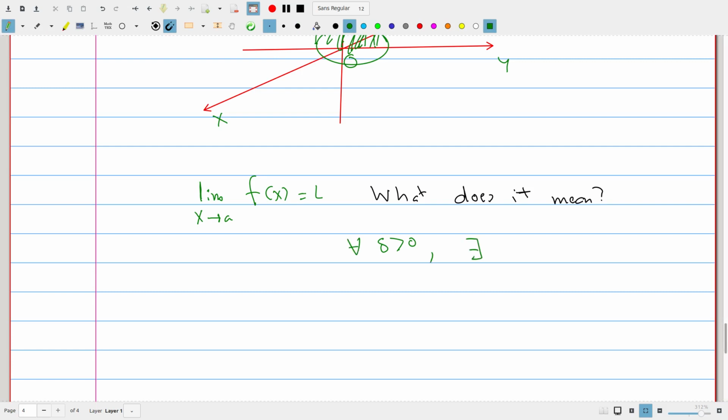there exists epsilon greater than 0 such that if x is in the domain of the function f, then f of x minus L... Actually, I think we should be reversing.